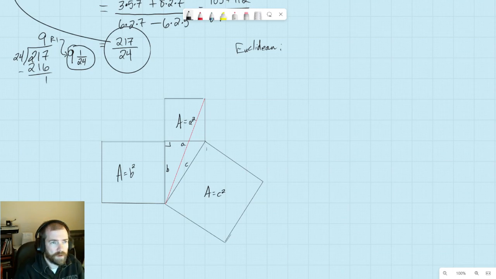General sum of angles for polygon. There we go. The sum of all angles in a polygon is equal to the number of sides in that polygon minus 2, multiplied by 180. Who came up with that?